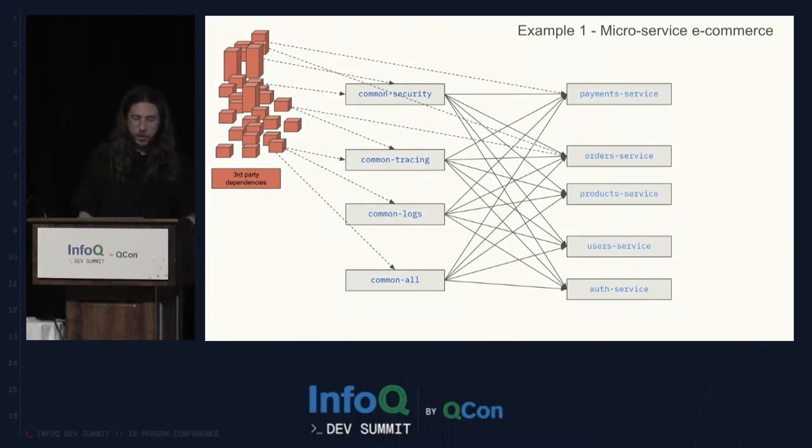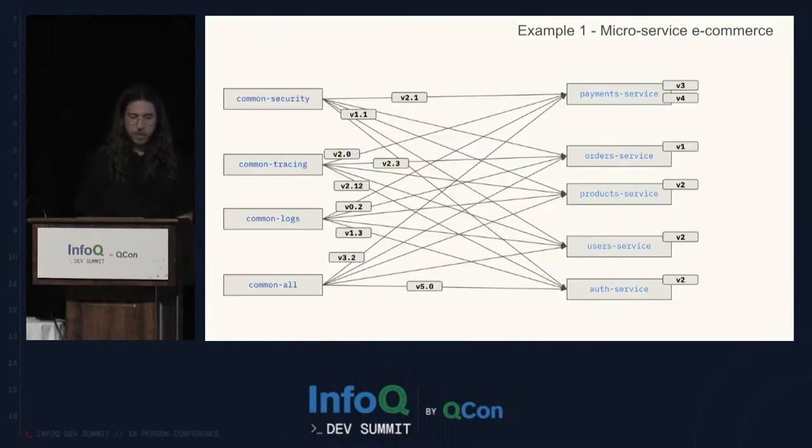And to make things more complicated, this is also something that many of us are doing. We're versioning our own libraries and publishing them so that they can be consumed by our services, right? And you can see this becomes very complicated very quickly because it's hard to tell what libraries are being used and what are not, and what versions of services are using what versions of libraries.